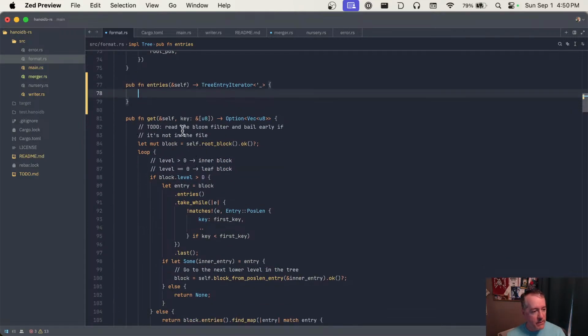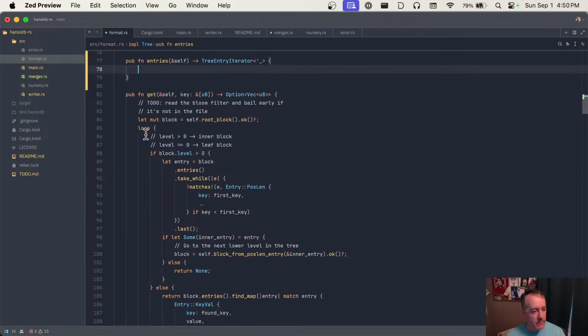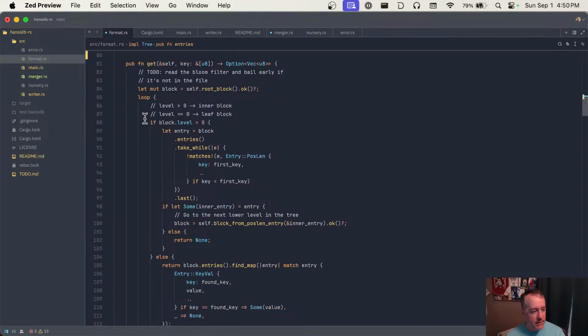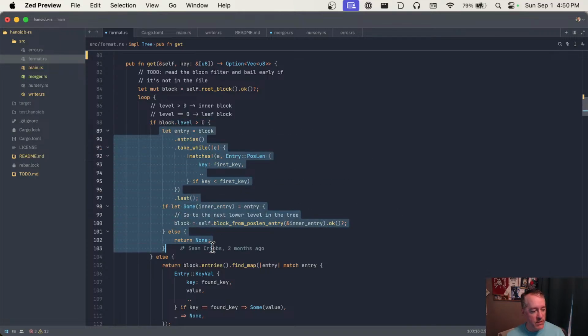Because here we get the root block, and then we're iterating down to, or we're going over the entries in the current level.